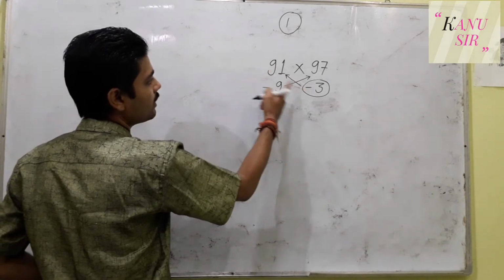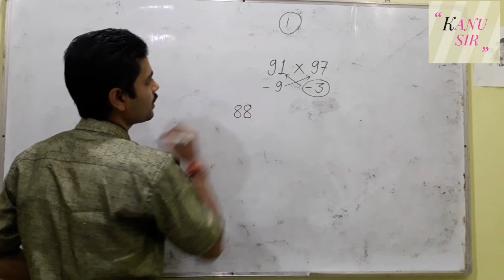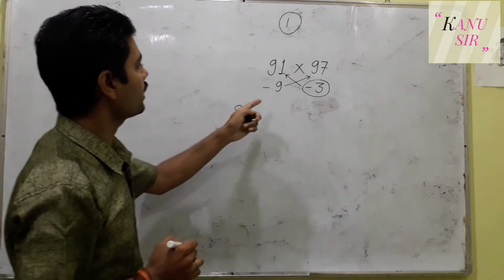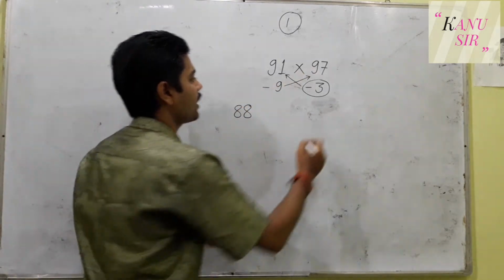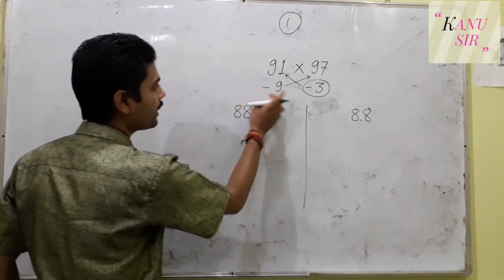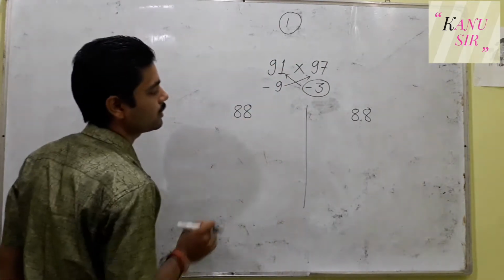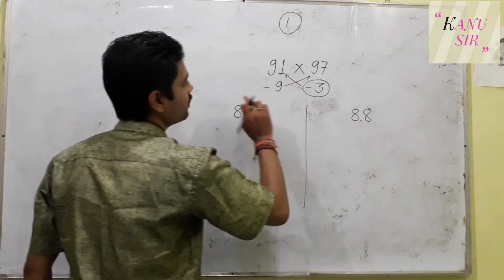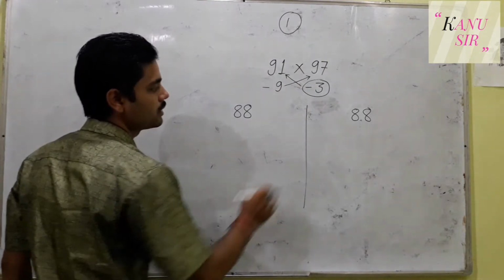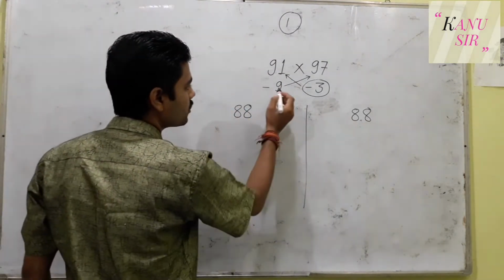Then 91 minus 3 gives 88, and 97 minus 9 also gives 88. Either way, you get the same number.